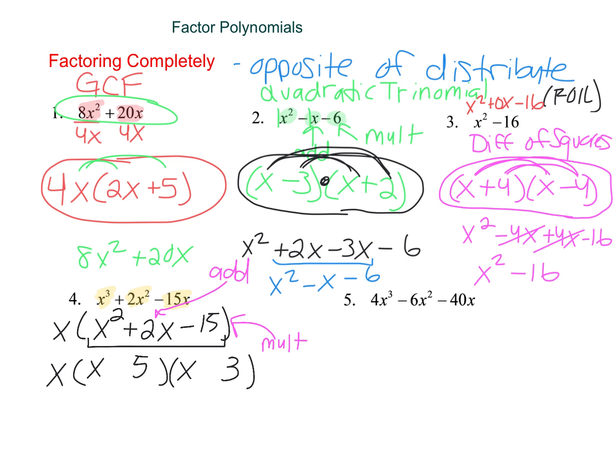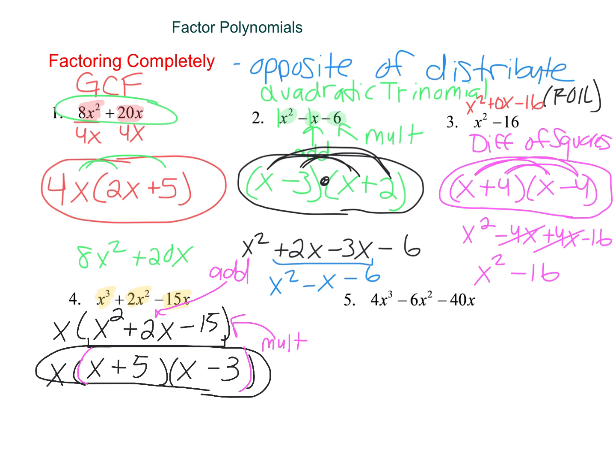And because that number is negative, one of these numbers is a positive, one of them is a negative. So for them to add to equal +2, 5 has to be positive, 3 has to be negative. And here are my factors for number 4. And if I wanted to multiply them together, I would first FOIL these binomials and then multiply the x back in. And I would get what I started with.